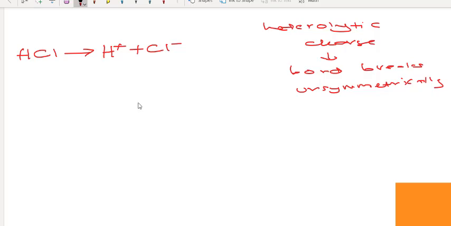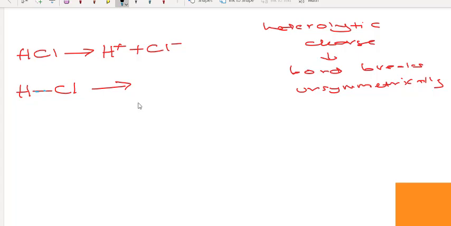How do we show the bond breaking for this example? Here's Cl, and we show the bond. We have to draw the arrow. In this bond, we got two electrons.